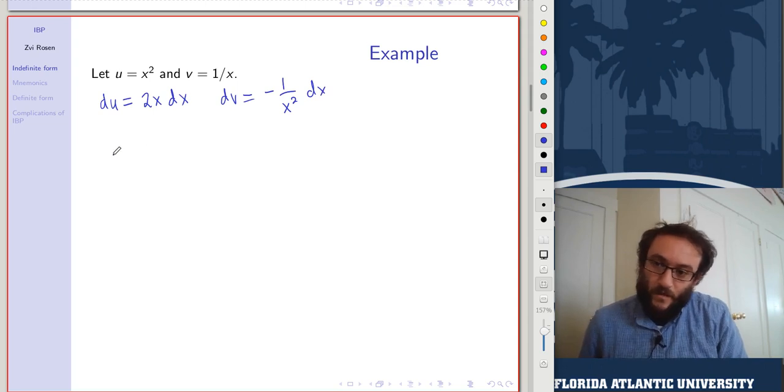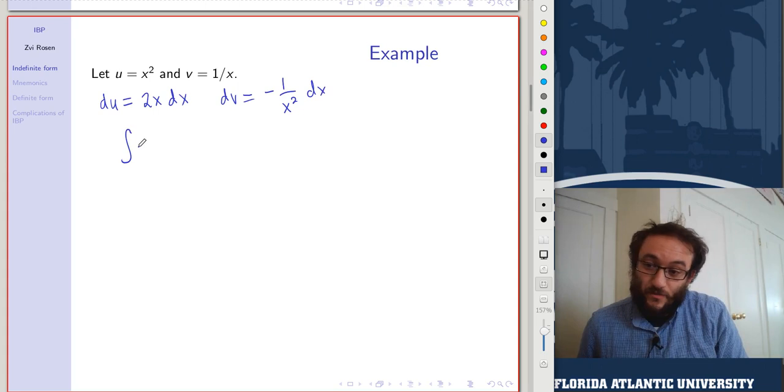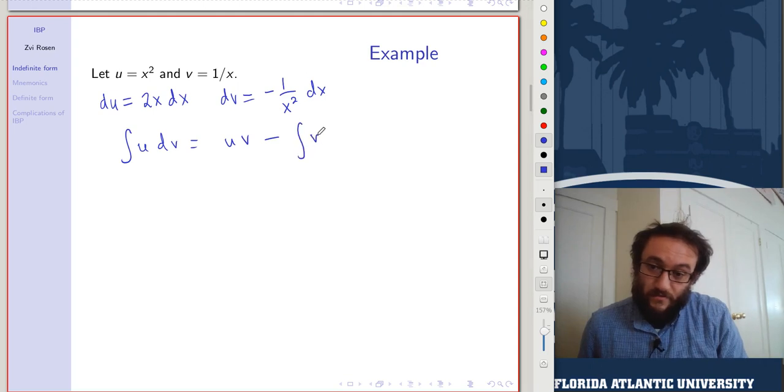Now our formula for integration by parts was the integral of u dv equals uv minus the integral of v du.